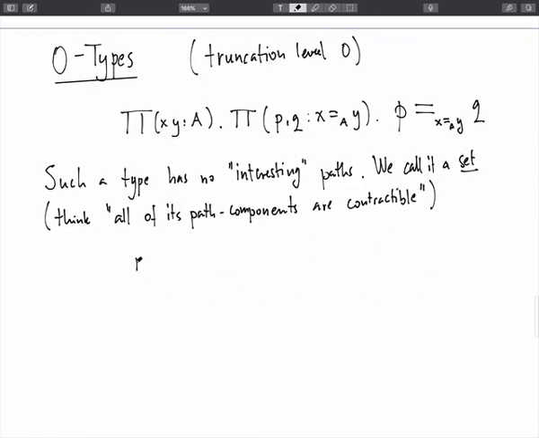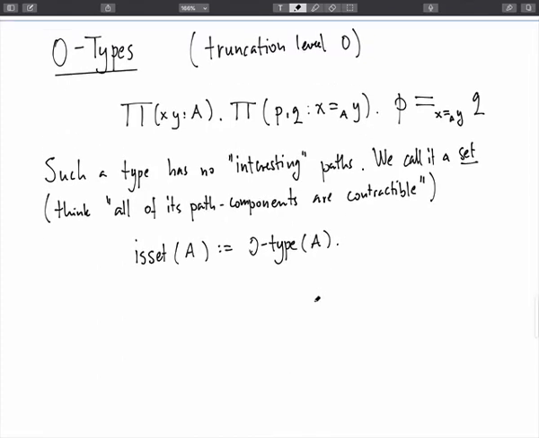So we define "A is a set" to mean that it's a zero type. Okay, we can go on.